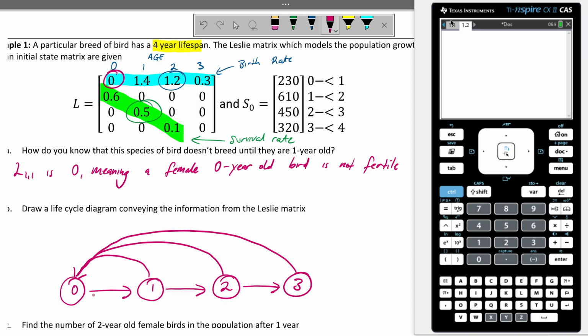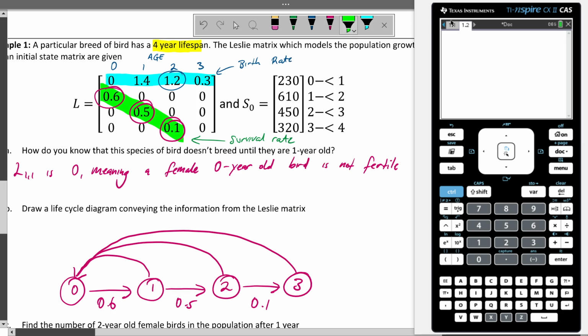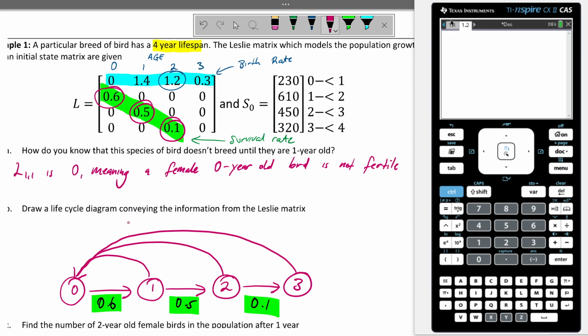Okay, 0 to 1, and remember, I'm looking here: 0.6, 0.5 would go there, 0.1 would go there. So this is always true. These numbers are my green ones. And then this one right here, this is how many 1-year-old, this would be 1.4, and then this would be 1.2, and then this would be 0.3.